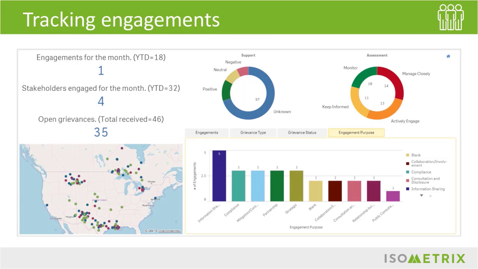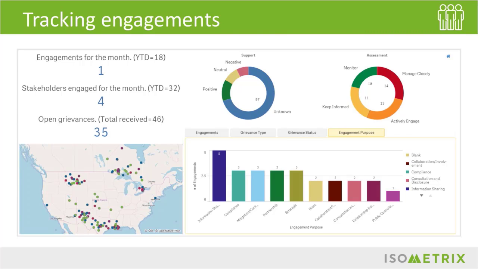And here are some, in the next few slides, examples of how data can be presented to add that value that I talk about. In this particular example, we've got an overall view of an engagement process and interaction with stakeholders.